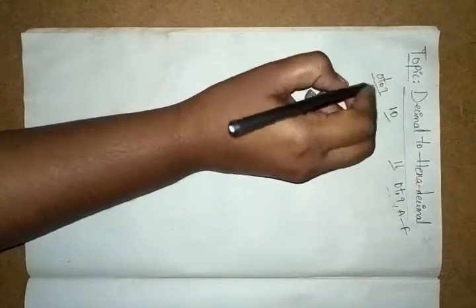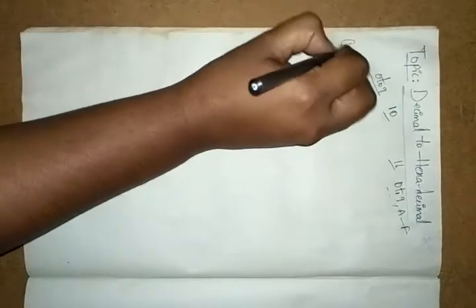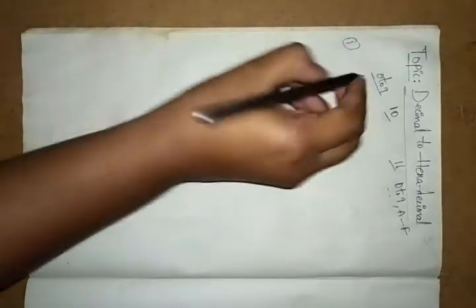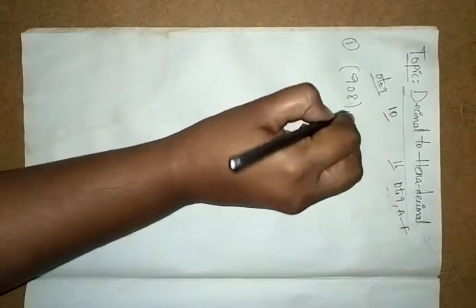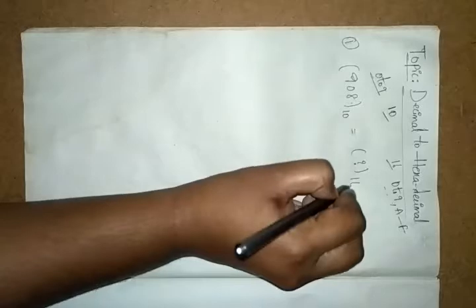First, I'm taking one example: 908. This example can be converted into hexadecimal format with base 16. We need to convert 908 to a base 16 value.